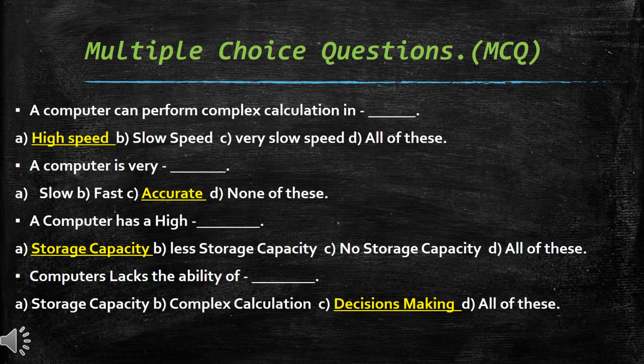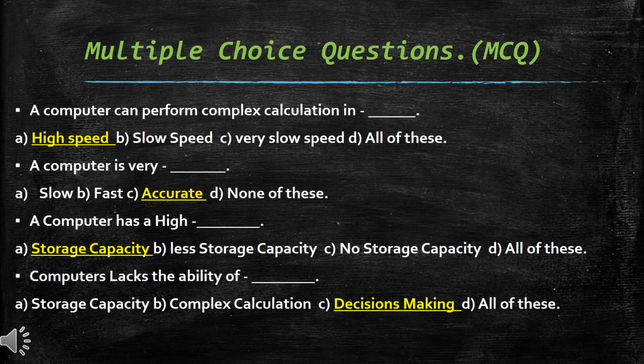A computer can perform complex calculation in dash. Options are high speed, low speed, very slow speed and all of this. Your answer is high speed. A computer can perform complex calculations at a very high speed. A computer is very dash.